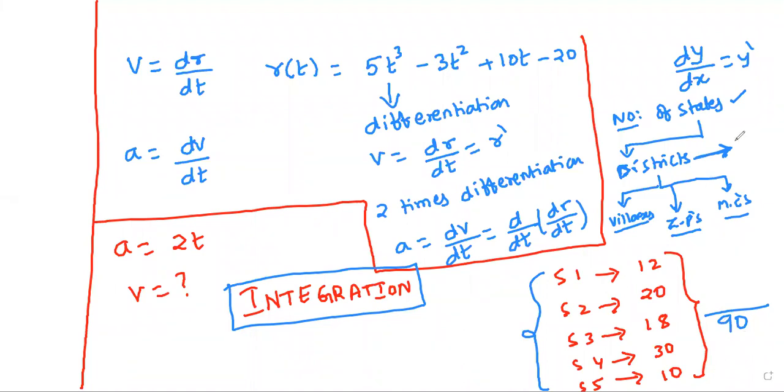If I have 30 districts, that is 30 into the population of each district, and that will be the population in one state. Like that, we have 26 states, so 26 into 30 lakhs.